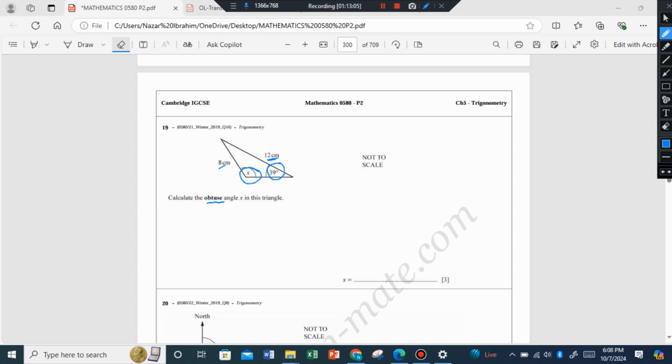So sine of x upon 12 centimeter is equal to sine of 39 upon 8 centimeter. So cross multiply will give me sine of x is equal to sine of 39 multiplied by 12 centimeter upon 8 centimeter. Again, when we simplify this, we will be getting a number which I will be taking sine inverse of, right? So let's see what this number is.